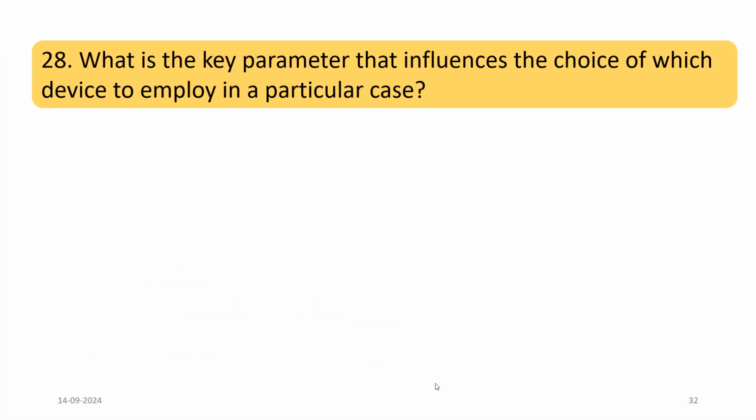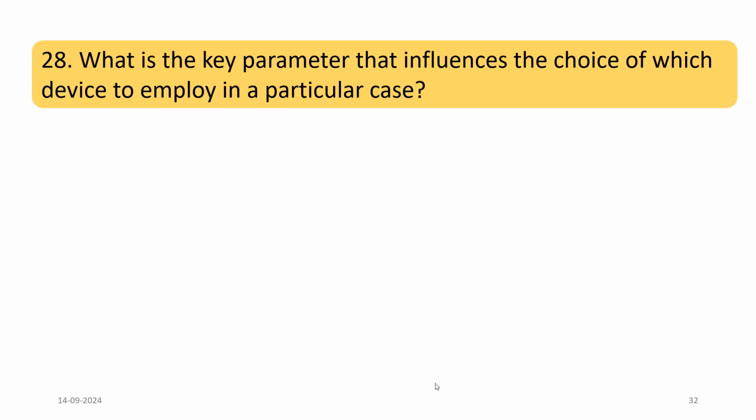Next, what is the key parameter that influences the choice of which device to employ in a particular case? For separation of particles, what is the key parameter we need to look into?